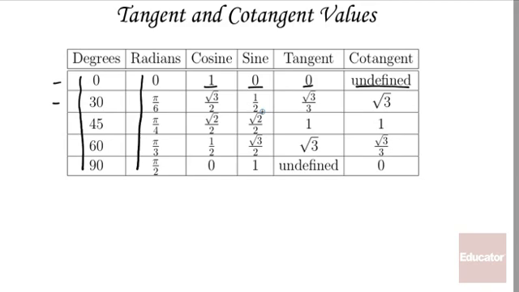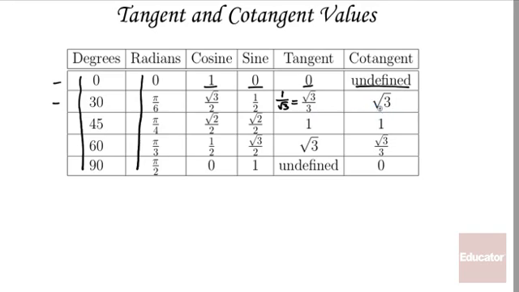If you divide those together for the tangent, you get 1 over root 3, which rationalizes into root 3 over 3. So that's the tangent of pi over 6. Cotangent, if you divide them the other way, cosine over sine, you just get root 3.